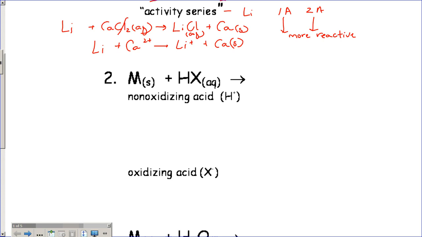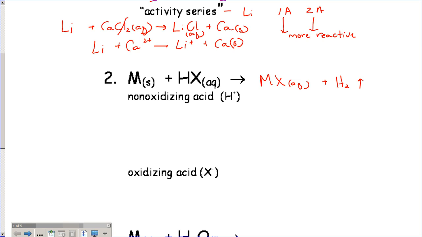Another type of displacement reaction that we looked at in your first year course was the metal displacement of hydrogen in an acid. We have metals reacting with acid to form typically a soluble metal compound, a salt, and then some hydrogen gas coming off of that reaction.